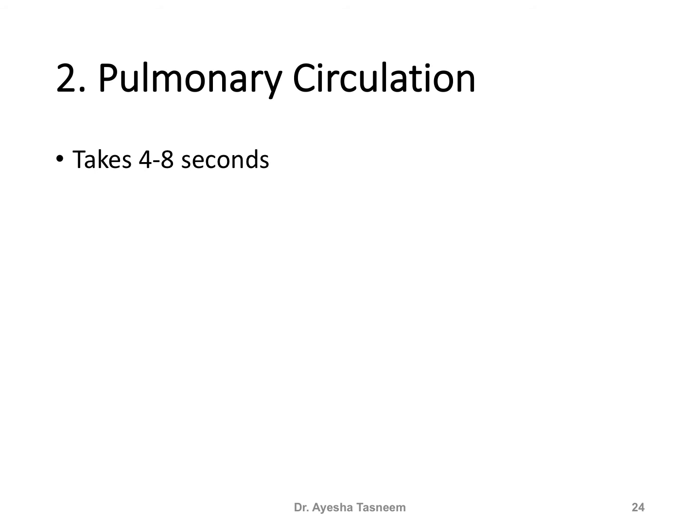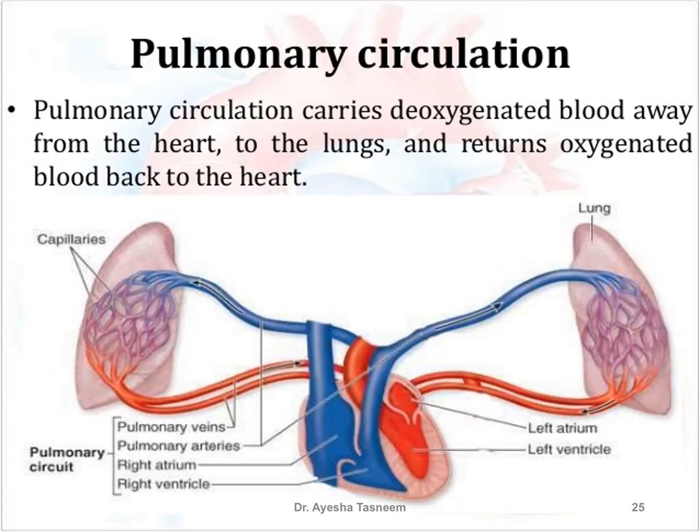The whole course takes about 4 to 8 seconds. This is the pulmonary circulation, in which the blood goes from the pulmonary arteries to the lungs, and it comes to the heart by the pulmonary veins.